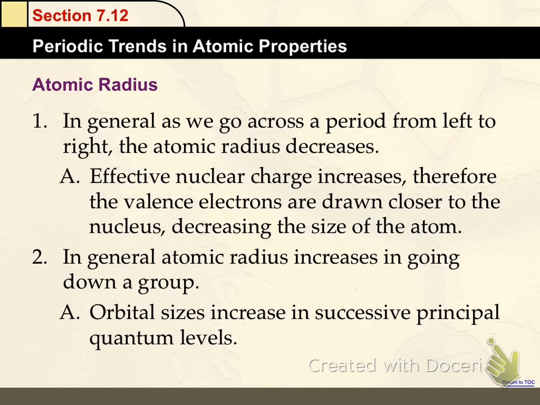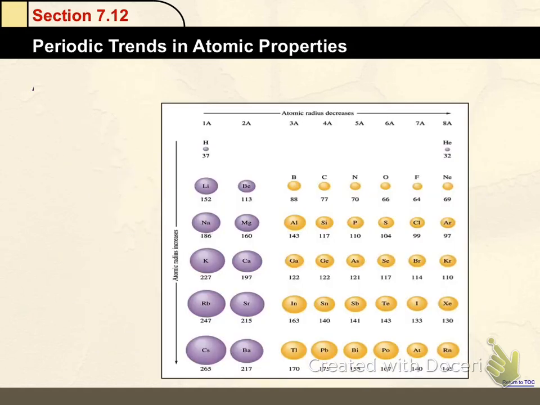You're getting larger s orbitals, you're getting larger p orbitals that are being placed into your atom. So those electrons thus are getting further and further away. All right, so here's the two things. As we go from left to right, atomic radius goes down. As we go from top to bottom, atomic radius goes up.